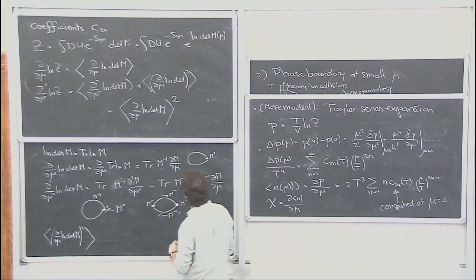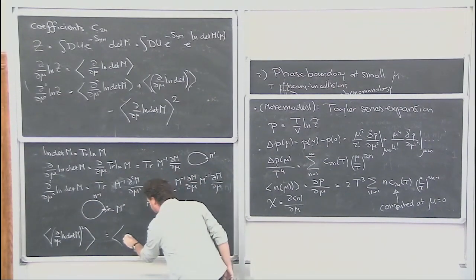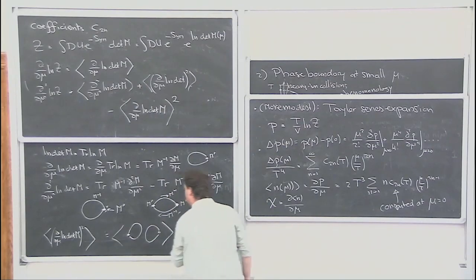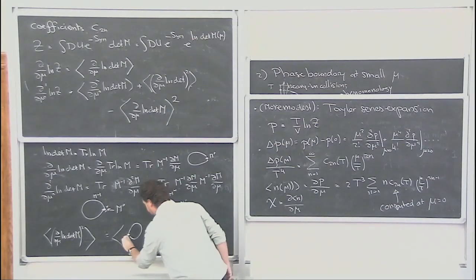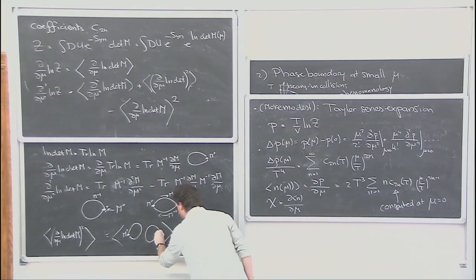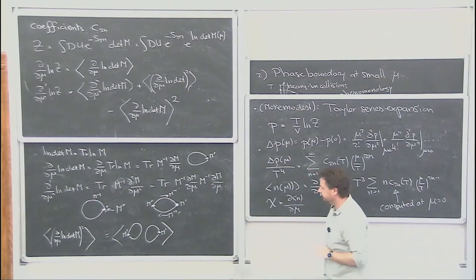If I write this in terms of these kind of diagrams, I'm actually looking at two diagrams with closed fermion loops that look like this. So this is, say, this M prime at one point. I have to average over all space-time points. Here's another M prime, and these are two fermion loops.